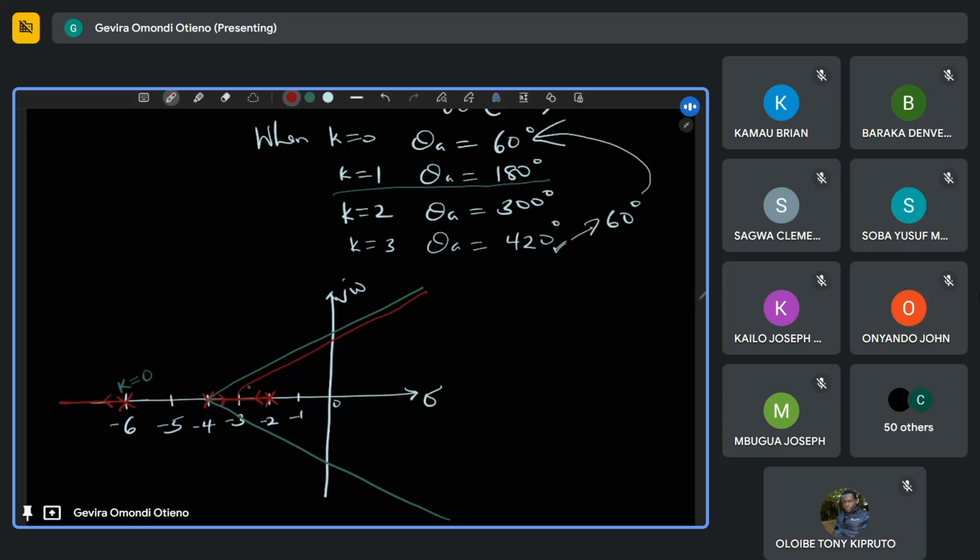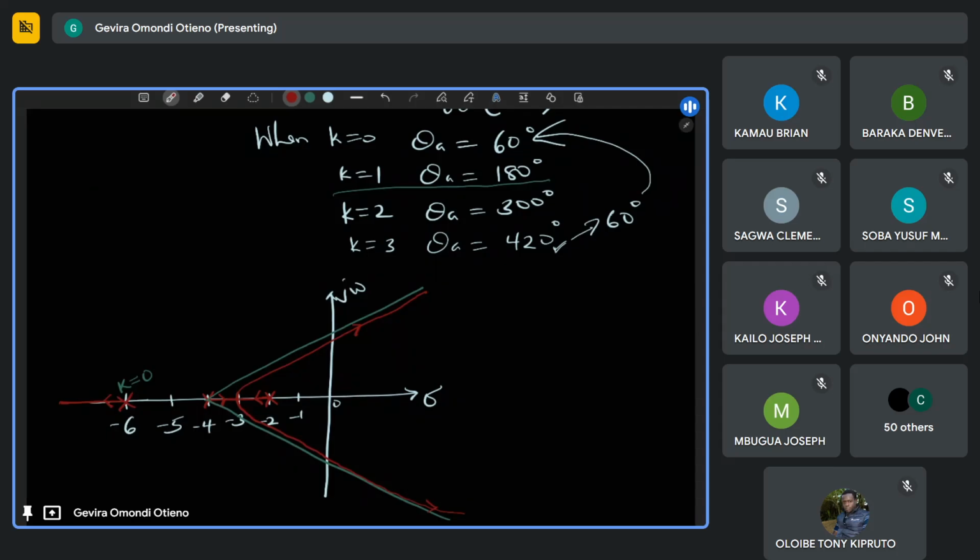The other one will also do the same, because of the symmetry rule that we talked about, about the imaginary line or about the origin. So again, it will move, but not touching, okay? And then, of course, you have to draw the direction like that, to show that that is the movement, okay? So that becomes the plot for the root locus.